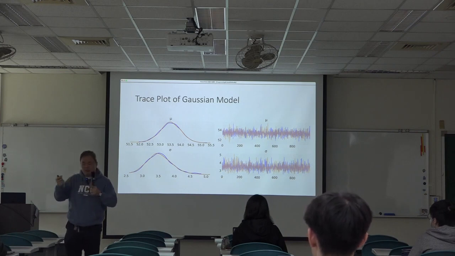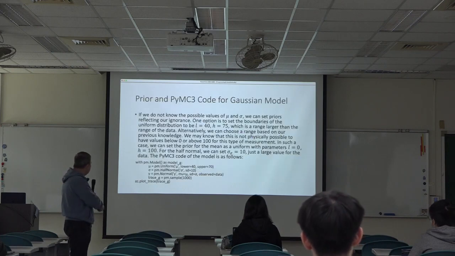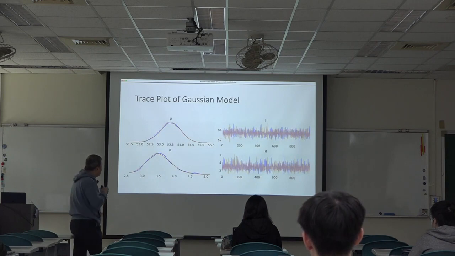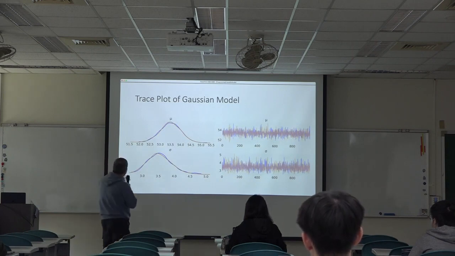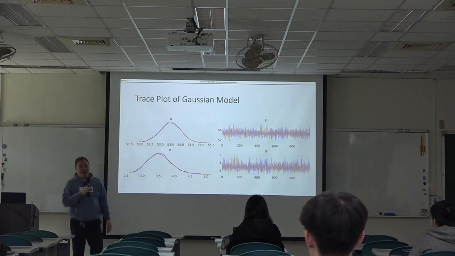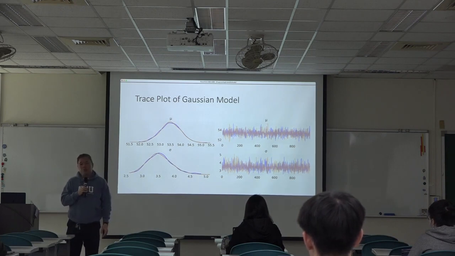But the plot trace function will just plot this two-dimensional result. You can see that these two are marginal probability distributions for mu and sigma.